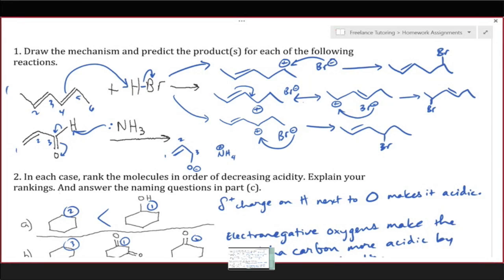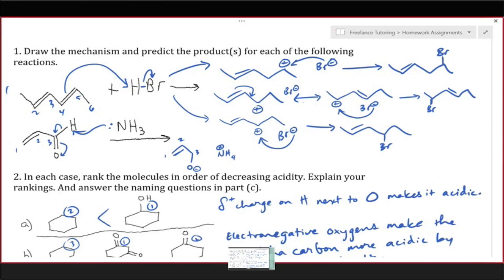So how many steps are there in this reaction? 2. That's right. Which is the hard step? Which is the rate determining step? I would say the first. And how do you know?